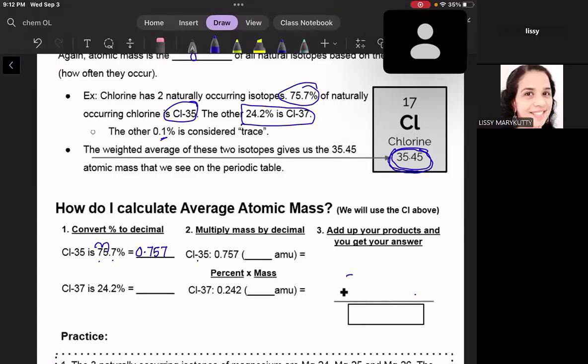The mass of this isotope is 35. So you are going to multiply 0.757 times 35. The unit is given, which is AMU.